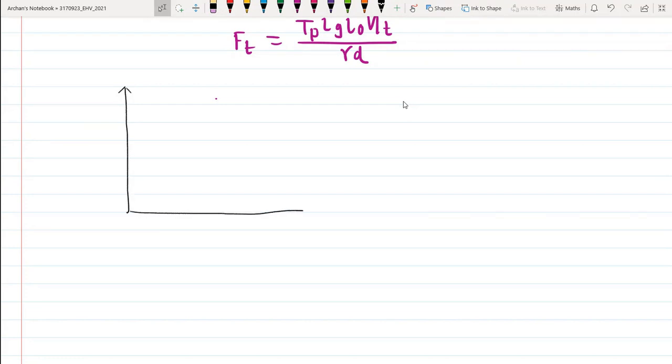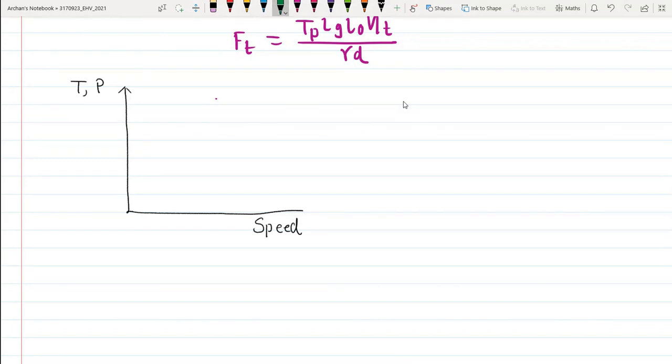Say on the x-axis we take speed as the variable, and on the y-axis torque and power. Now what is the ideal power plant, the ideal motor, which will give constant power throughout the different speed range? This is the ideal condition.